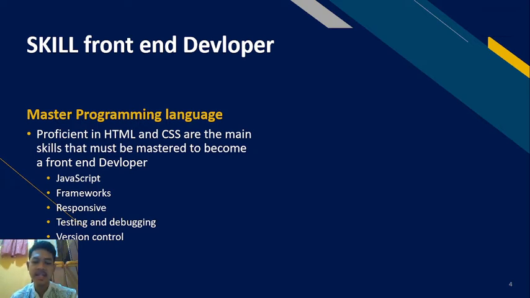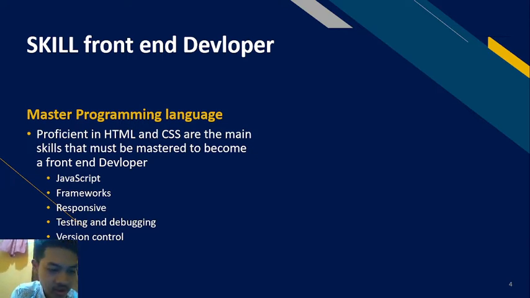This is because CSS, cascading style sheets, and HTML, hypertext markup language, are the cornerstone of web development. HTML is used to create the main structure of a website, while CSS is used to adjust the appearance of the website such as layout, colors, fonts, and page style.